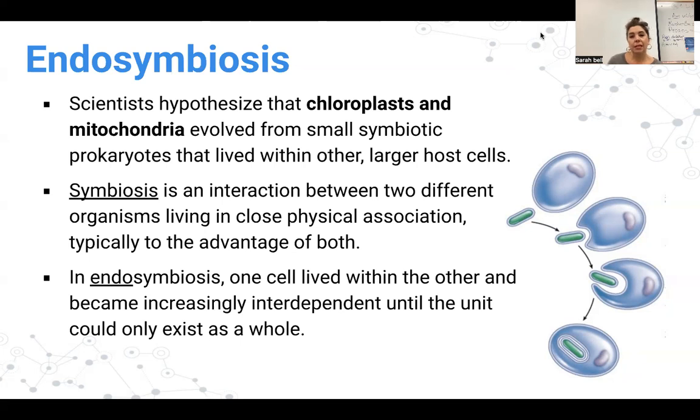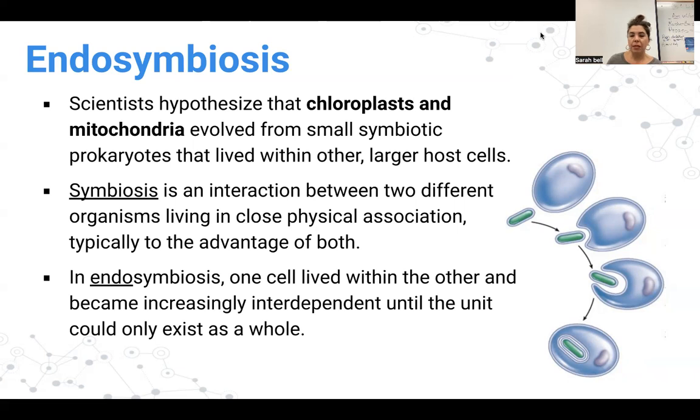Technically, symbiosis is just an interaction between two different organisms, like two different species that live in close physical association. There are different types of symbiosis, and the type that we're talking about today is called mutualism.